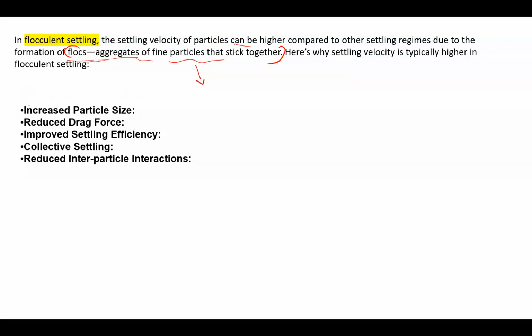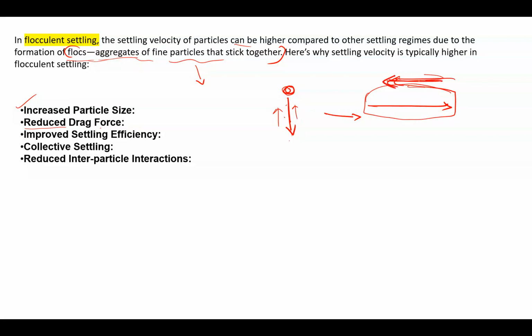So here you see the increased particle size. When it's settling, the increased particle size reduces drag force. What is drag force? You know, right? When it moves down, there is a force upward. If we are moving through air, if you are driving a car also, there is an opposite force that reacts because of the shape of the vehicle.